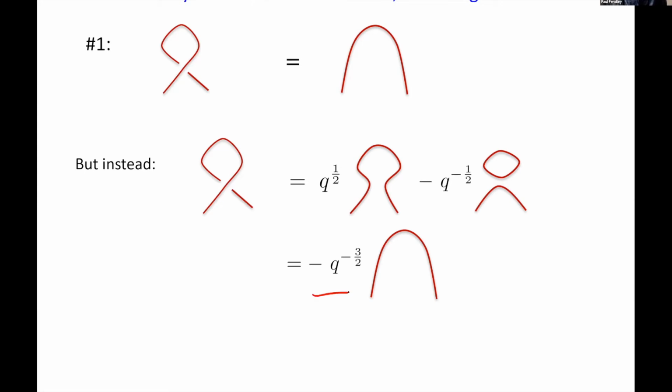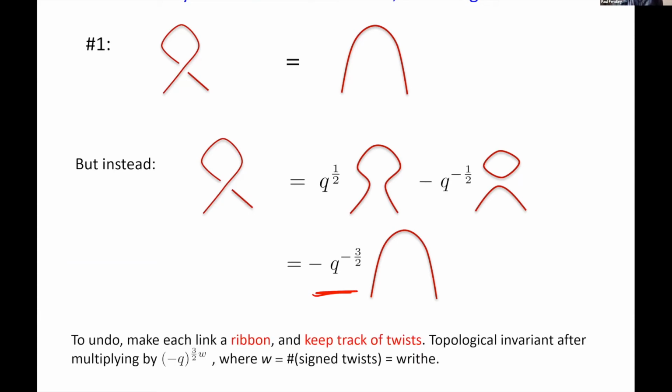And what do you do? This comes up in Jones's original paper. You have to get this straight. To undo it, you frame the knot, so you make each knot into a ribbon. And then this twist around corresponds to twisting the knot by 2 pi, and that's called the writhe. So you have to undo this.